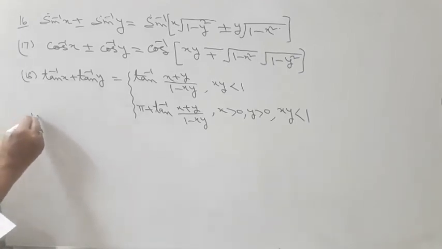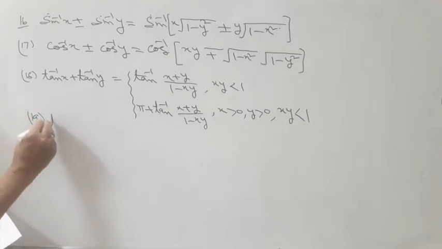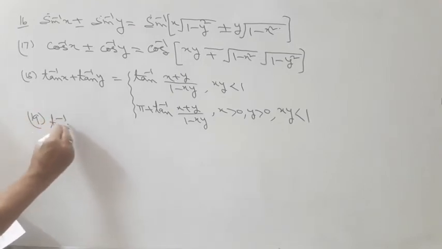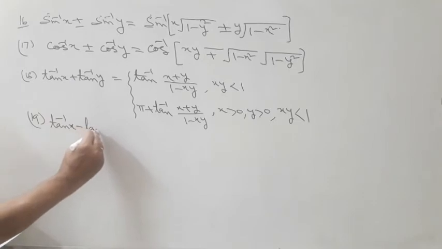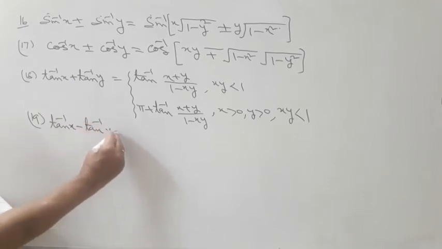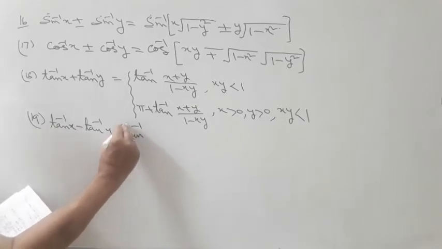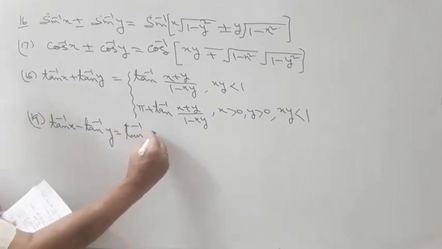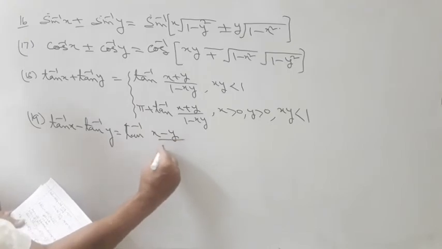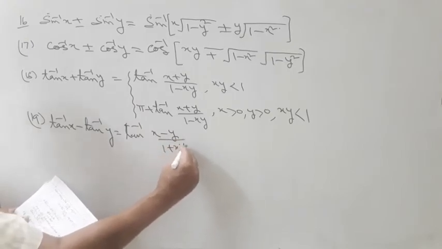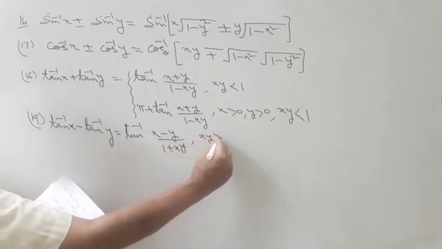Similarly, parallel to this, we have tan inverse of x minus tan inverse of y is equal to tan inverse of (x minus y) over (1 plus xy), for xy greater than minus 1.